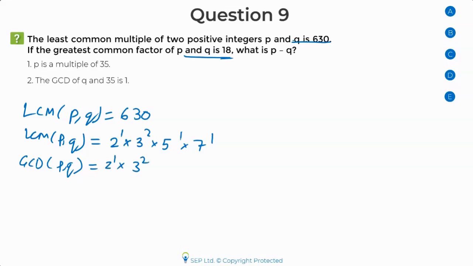Now, forget the question for a moment. Forget about these statements, everything at all. And tell me, if I ask you to find the possible values of P and Q, will you be able to do that? For example, tell me one value of P and Q which satisfies this, a value of P and Q which is valid for both of them.